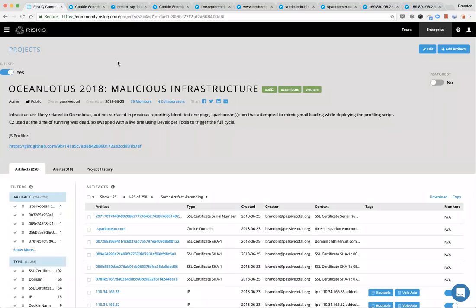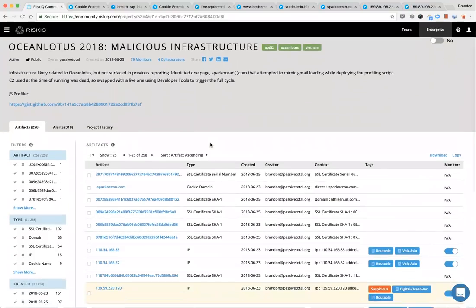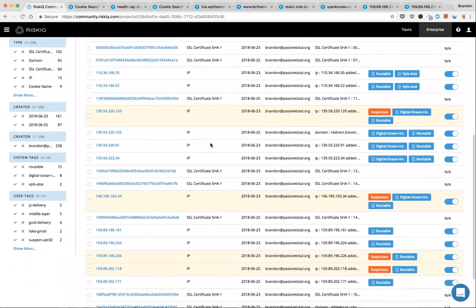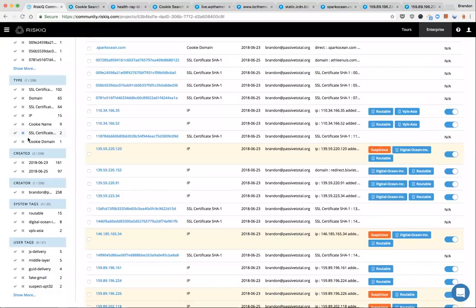Ultimately, what that got me to was this project that we have here, where I have 258 artifacts that are associated with these malicious actors. And it's going to cover all different types of content: cookie domains, SSL certificate common names, cookie names, IP addresses, SSL certificate serial numbers, domains, and SSL certificate SHA-1s.